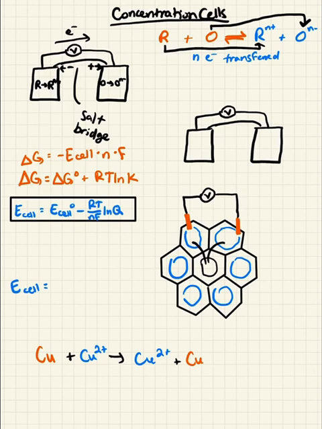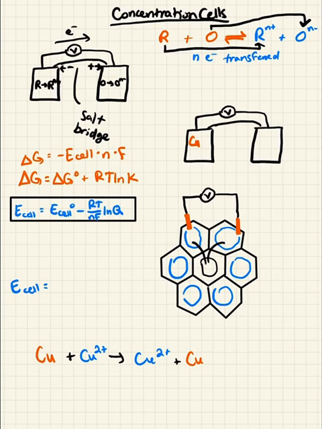So this is typically done in a galvanic cell where R and O are different metals, for example. But in a concentration cell, R and O would be the same metal. The only difference is the concentration. And so in this lab, we will have copper metal.